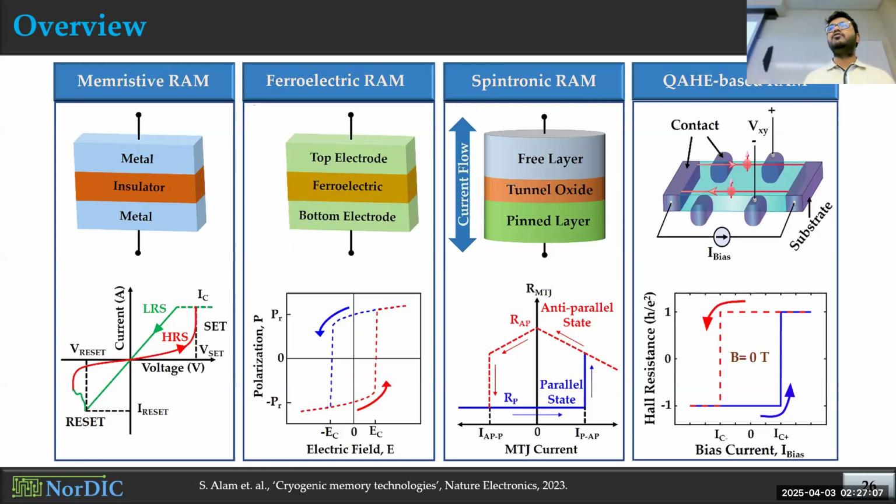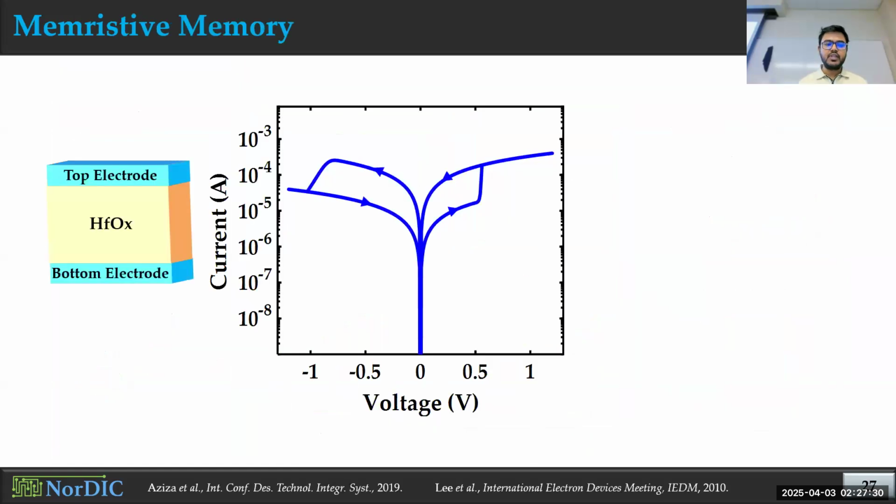People have mostly designed them for room temperature, and you will see the same trend. They will take the same circuit and measure them in a cryogenic environment. And the fourth one, the topological memory, actually needs a cryogenic environment; it cannot operate at room temperature or at higher temperature. The working principle of all these four memory technologies is similar. That's why they're in the same category here.